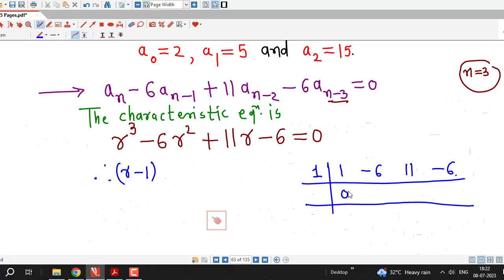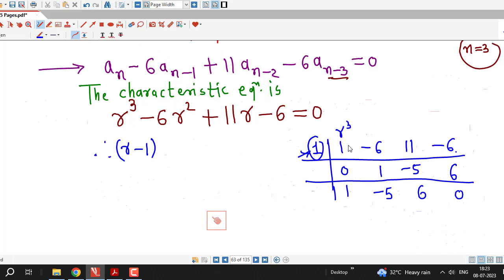We add these two, that is 1 plus 0 is 1, and this we multiply with the 1 that we wrote here, then minus 6 plus 1 is minus 5, multiplied with 1 is minus 5, 11 minus 5 is 6, multiplied with 1 is 6, and 6 minus 6 is 0. Starting with the coefficient of r cube, this is going to be the coefficient of r square, this is for r, and this is the constant term.